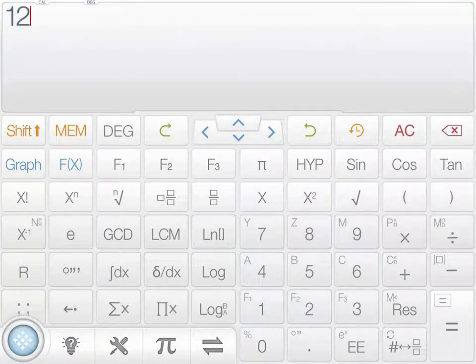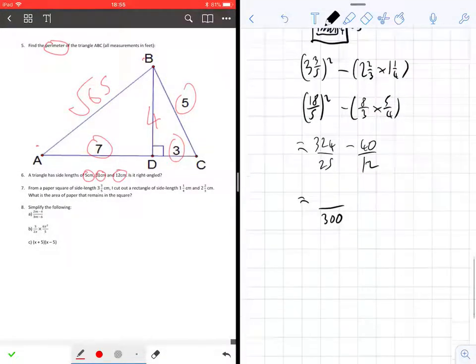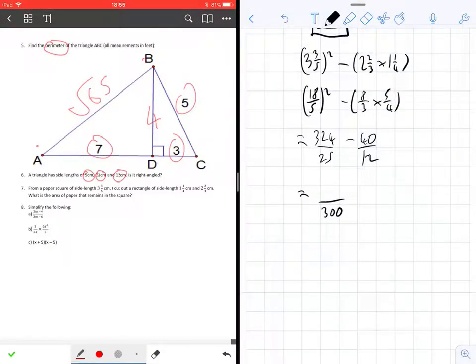Oops. 25/40s I think I can probably do. And I'm just going to put centimetre squared.